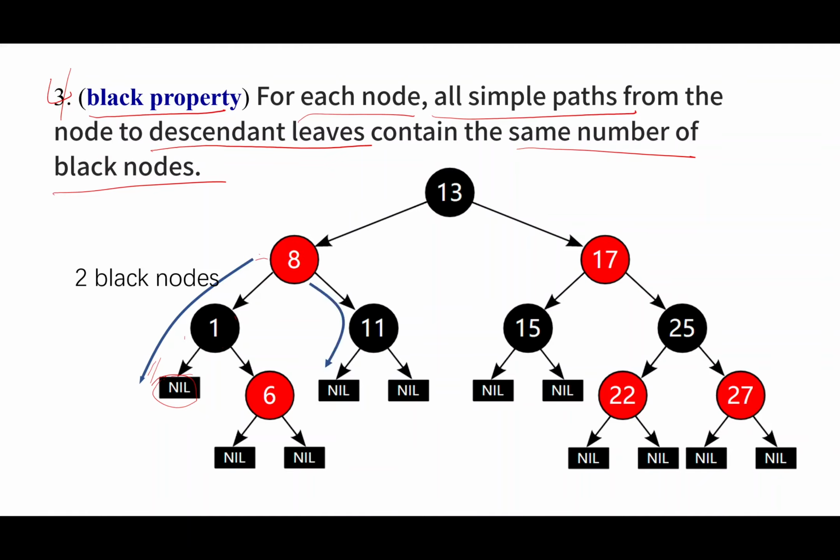If we go from this node to another leaf, this path also has two black nodes. This also has 2 black. This also has 2 black. All paths have the same number of black nodes. This is called black property.